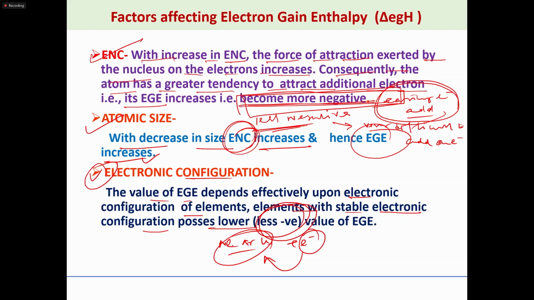That means when the electron is easily added, the electron gain enthalpy will be more negative. When it is not easily added, when it is very, very difficult, it will have a less negative electron gain enthalpy.